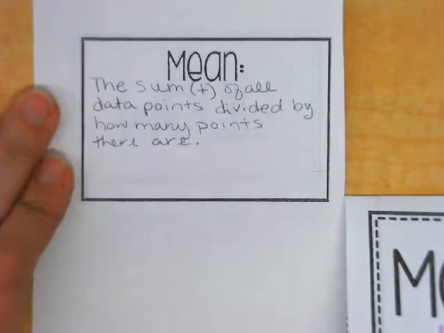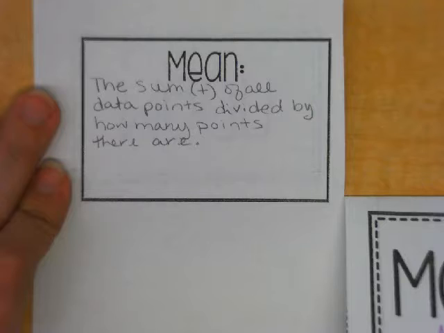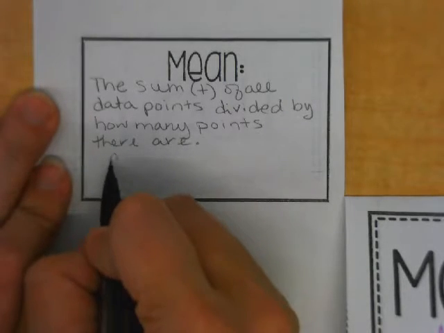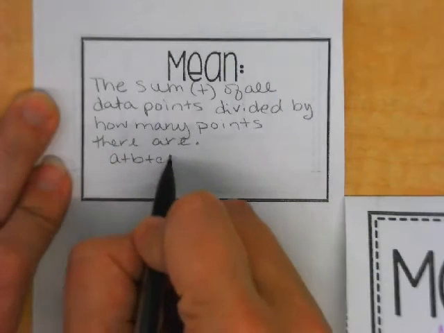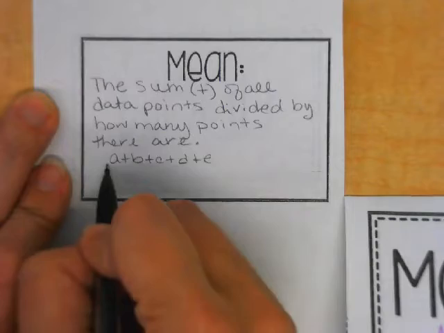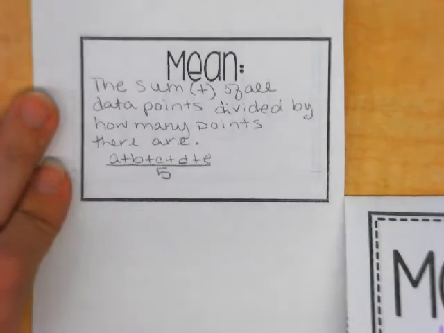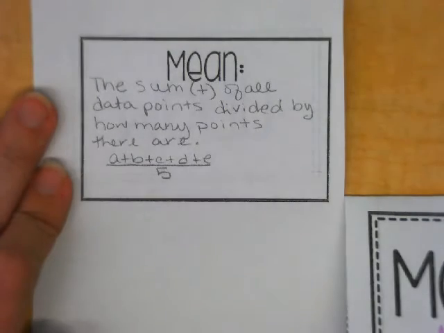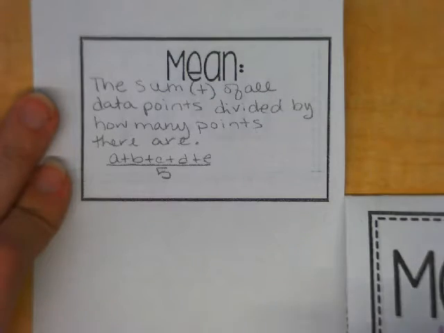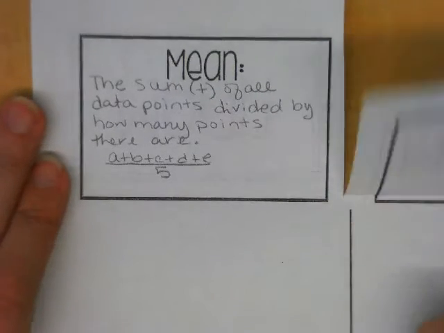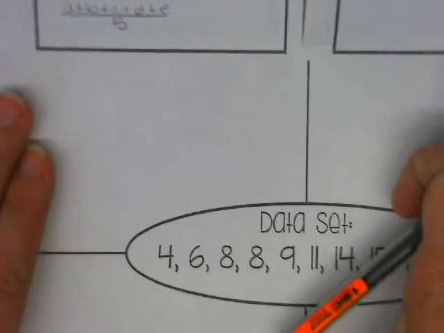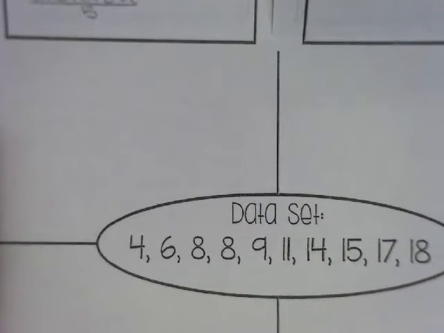So, for example, if we had 5 data points, we would say A plus B plus C plus D plus E, and then we would divide by 5 because there's 5 of them. Does that make sense? We have a data set here in the middle, so we'll just use that to practice.